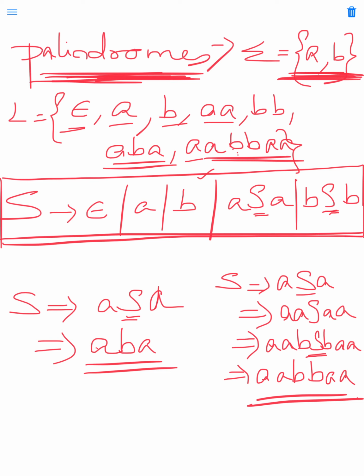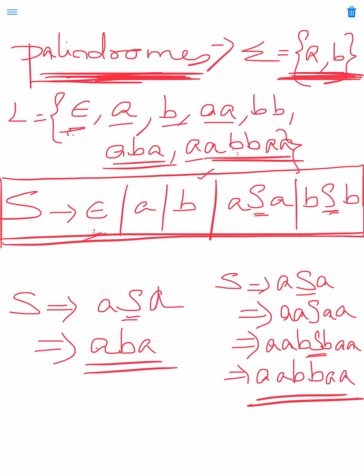So in order to make the grammar accept only odd strings, what you have to do is remove this epsilon from the grammar. Why? Because epsilon will not be the minimum string in such a language.